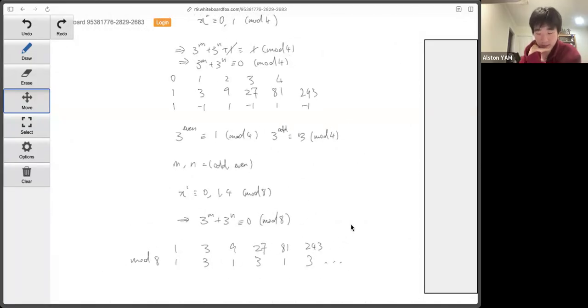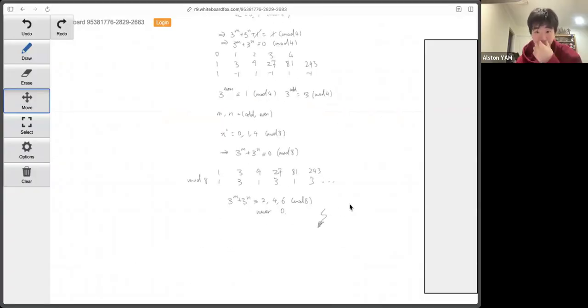And yeah, so that is our contradiction. So 3 to the m plus 3 to the n is congruent to 2, 4, or 6 mod 8, never 0. Oh, not 0 factorial, never 0. So that is our desired contradiction.